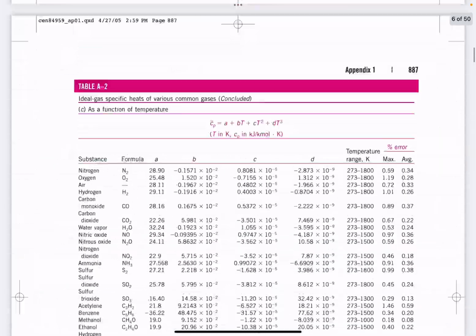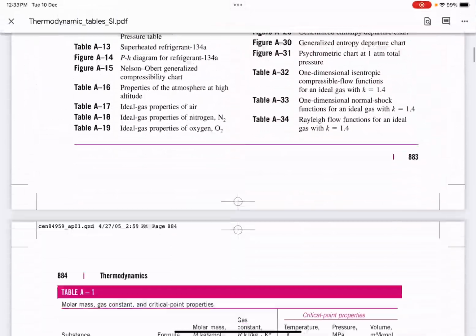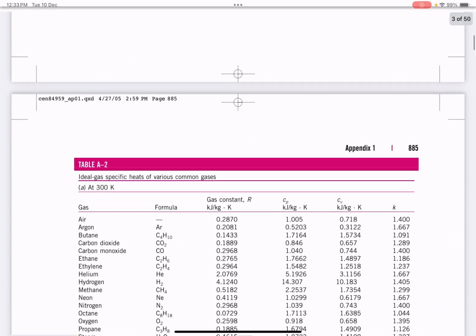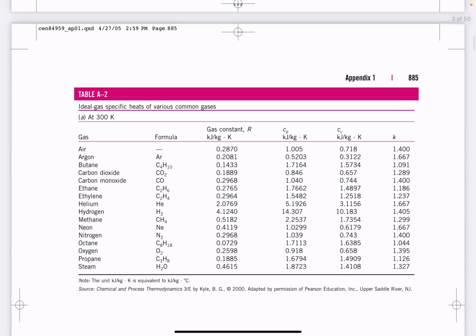If you go to table A2, this one is A1, so this is A2. You can see here the ideal gas specific heats of various common gases. Table A2A is the specific heat capacity. You can see CP and CV there, and also the specific gas constant for various common gases at a temperature of 300 Kelvin only.